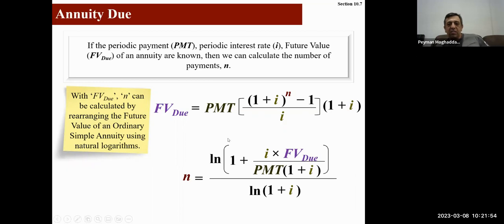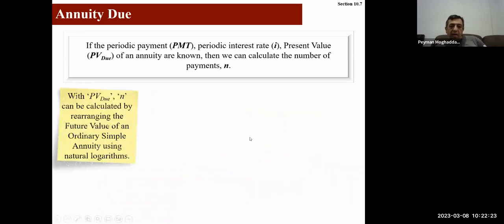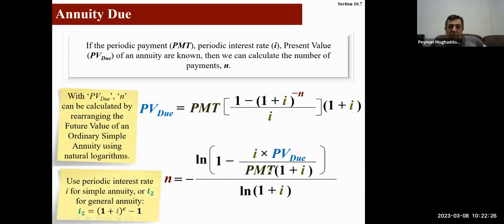It's basically the same process. And as I said, if it's a general annuity, you need to find i2. So make sure anytime it's general, guys, you find i2 and then use the equation. That's important.